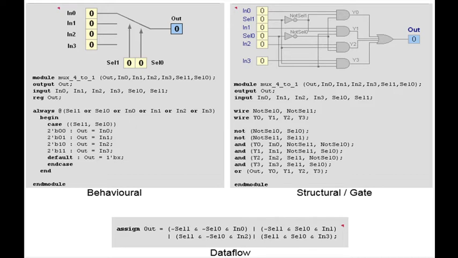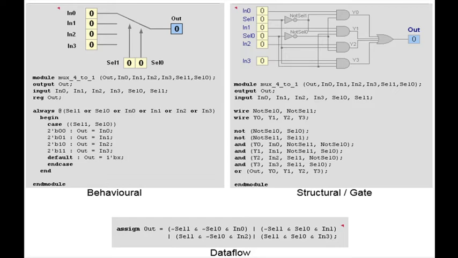Here it will be easy from the programmer's perspective because it is somewhat close to natural language, but it will be difficult for the synthesizer to create a netlist because nothing is described in terms of what kind of gates are required or any interconnection of those.